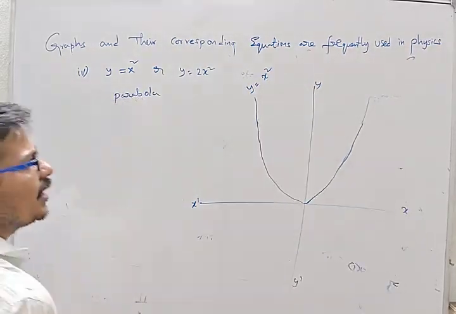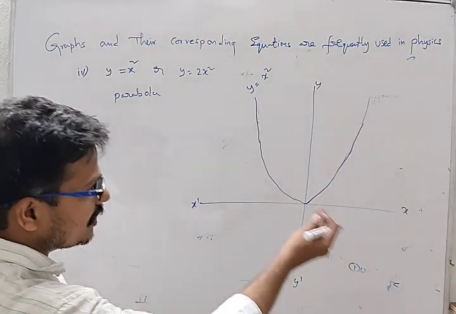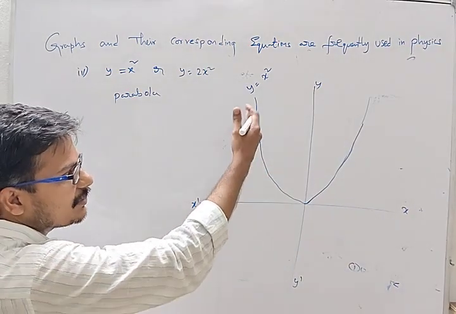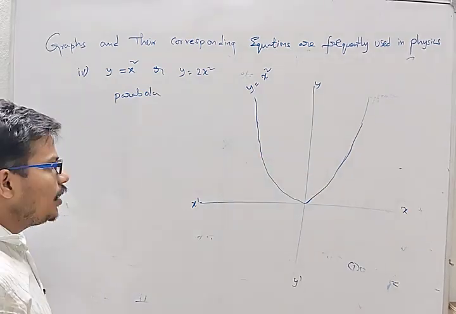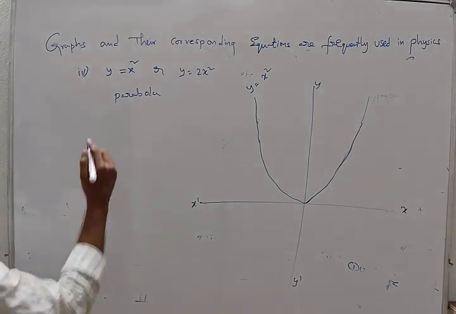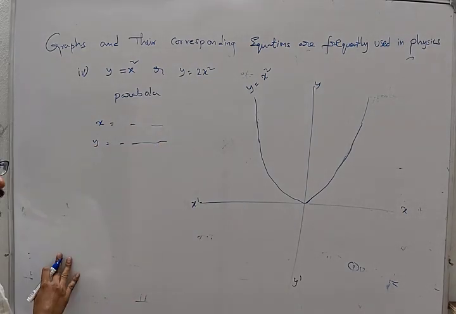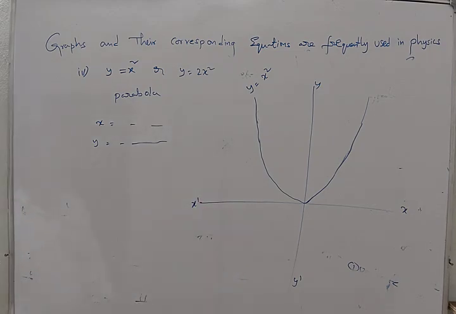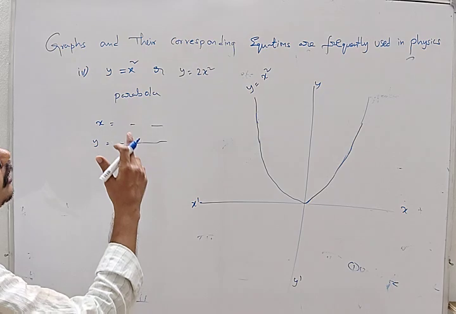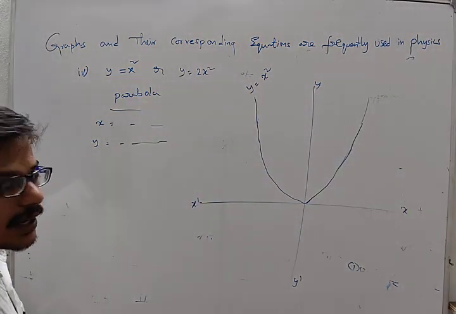Similarly for y is equal to 2x square the graph will come, but slightly bent, with the variation reduced. Take values for x, you will get some values for y. If you represent them, you can get the graph. That is nothing but a parabola. Parabola shape is like this.